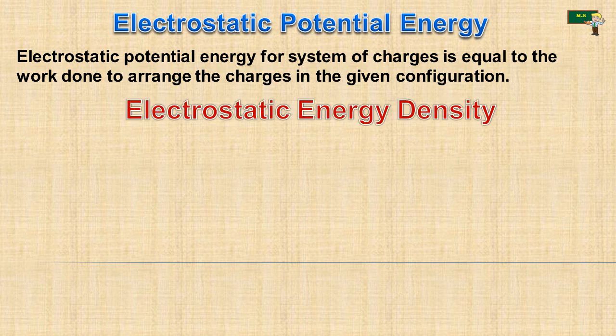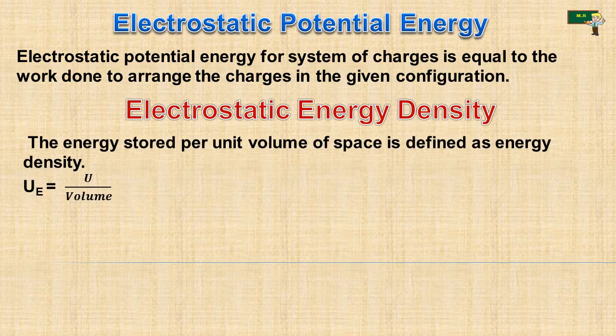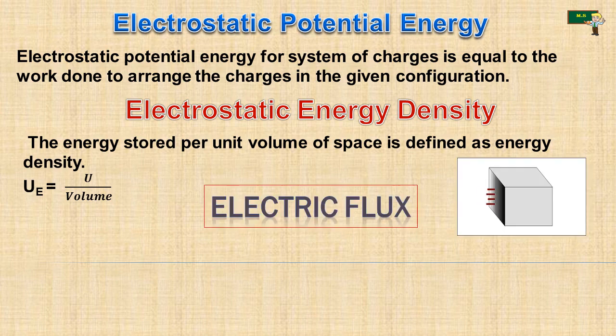Now, electrostatic energy density. What do you mean by energy density? Already you know energy can be measured in many ways, but the energy stored per unit volume of space is defined as the energy density. UE, the electrostatic energy density, is equal to U by volume, whatever the volume may be.